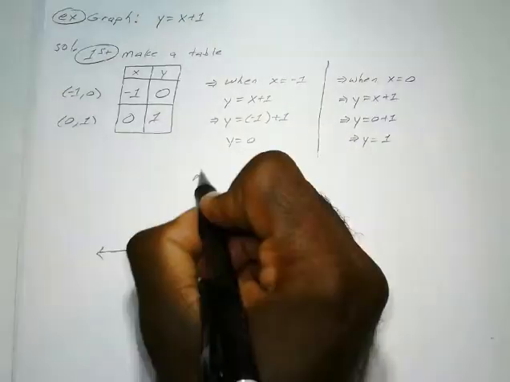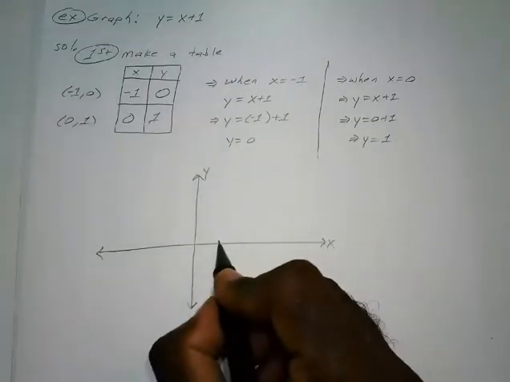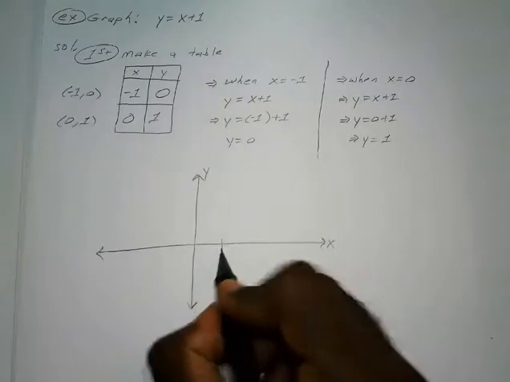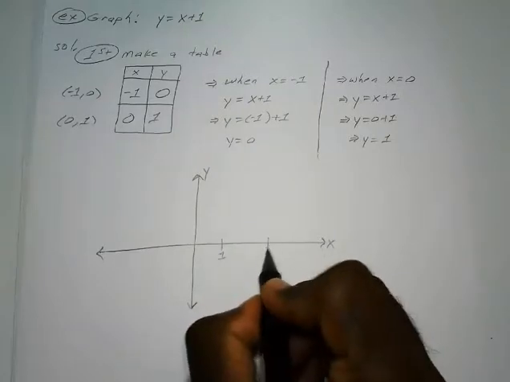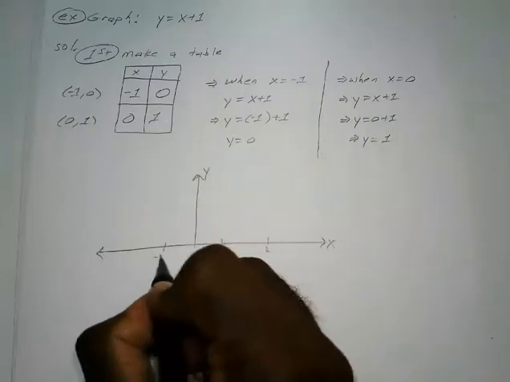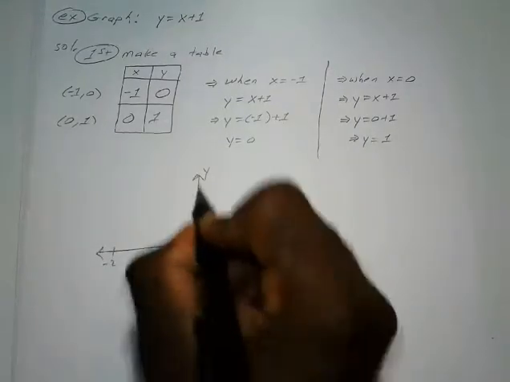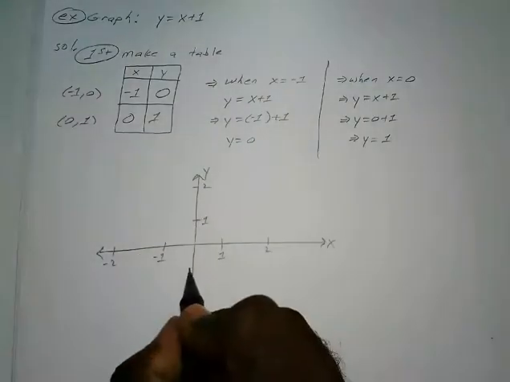Okay, so we have our x-axis and our y-axis. So let's make that our 1, 2, -1, -2, 1, 2, -1.